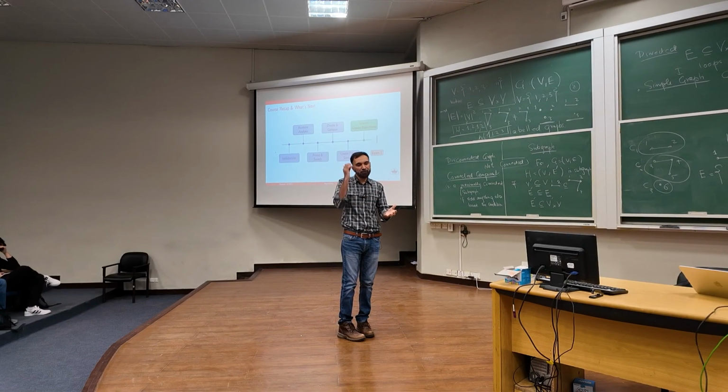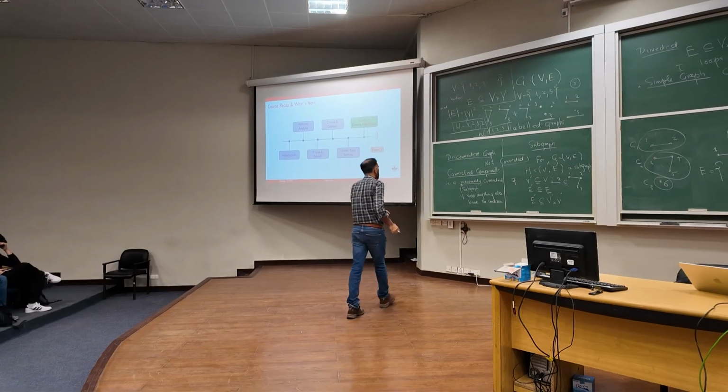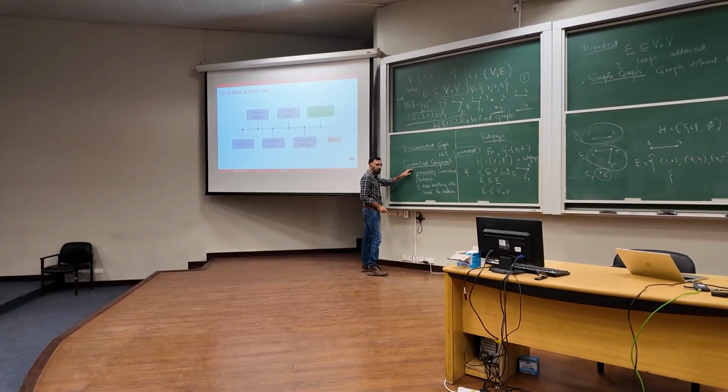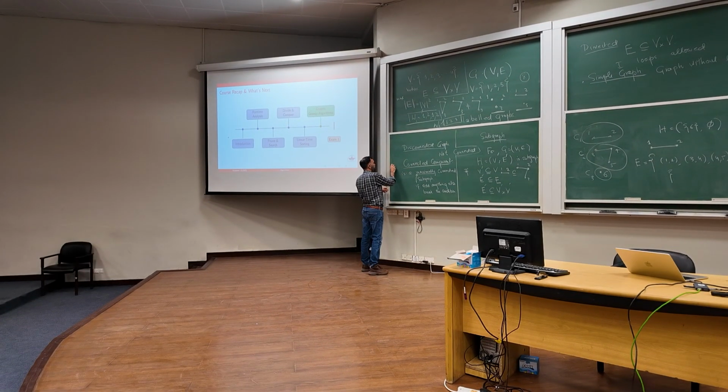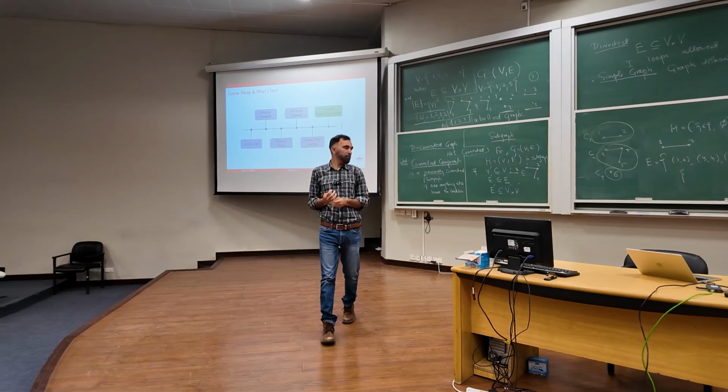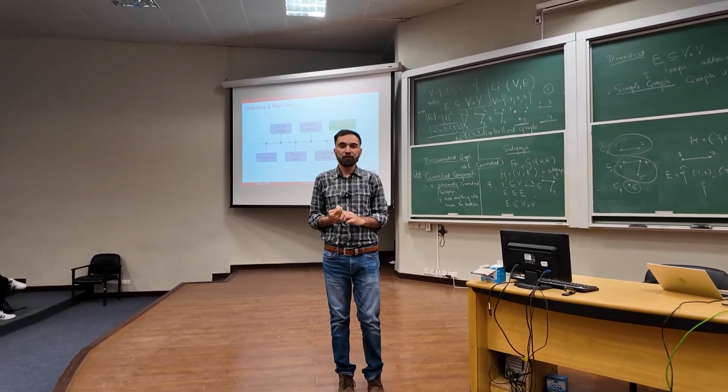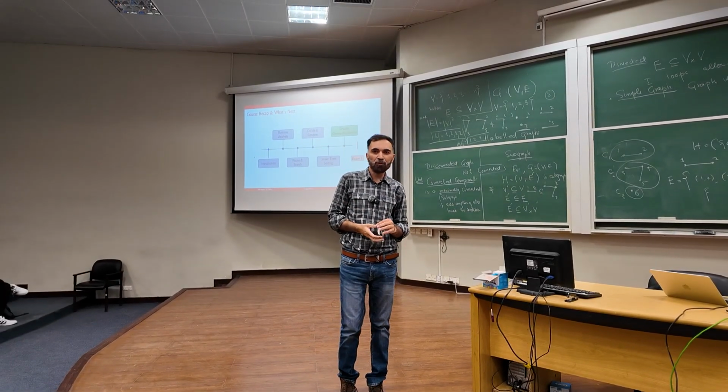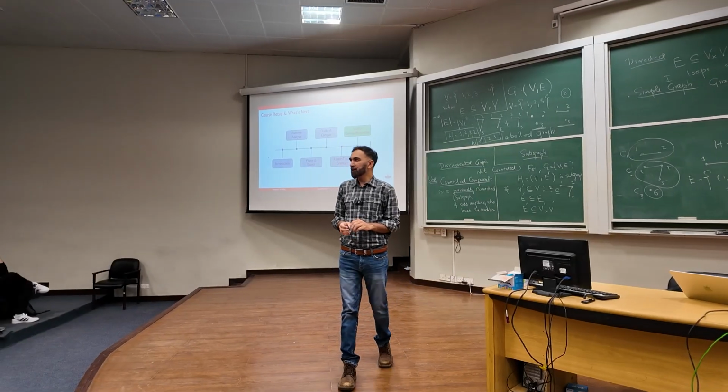If I give you a graph, so I talked about connected components, but usually you talk about connected components in terms of undirected graphs. Okay. We'll come to directed graphs at some point, but for now we're talking about undirected graphs. It's an interesting question to ask how many connected components your graph has, and it's very easy to solve.